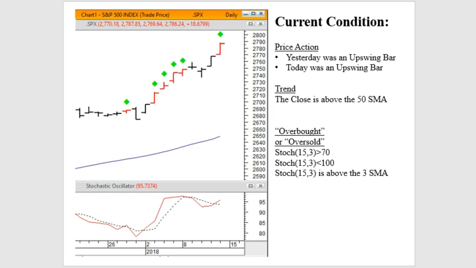This price action occurred while we're in an uptrend above the 50-day simple moving average. And in terms of the stochastics, we are in overbought territory between 70 and 100, all right? And we are above the 3-day simple moving average, or in the world of stochastics, it's called percent D.